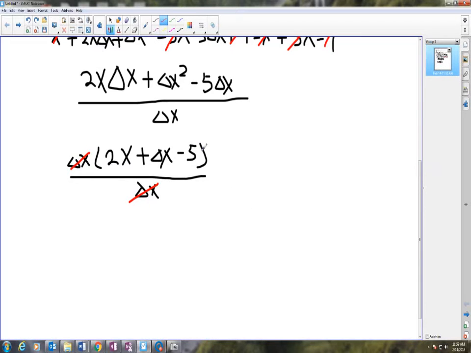So my expression now only has 2x, and I'll move the negative 5 to the front of the plus delta x.